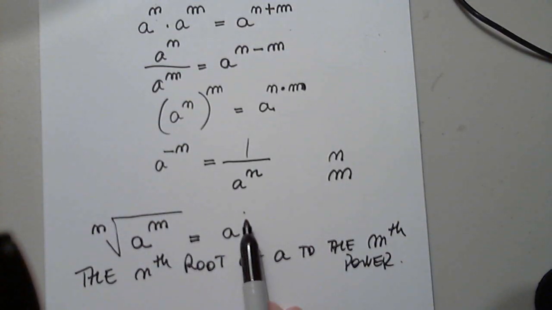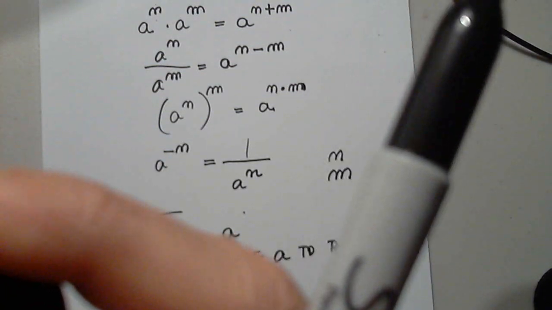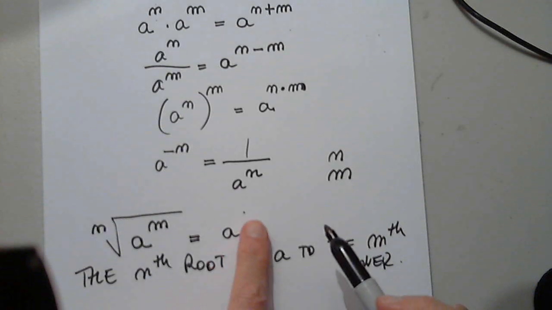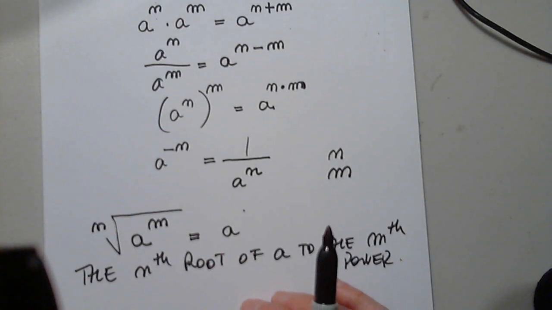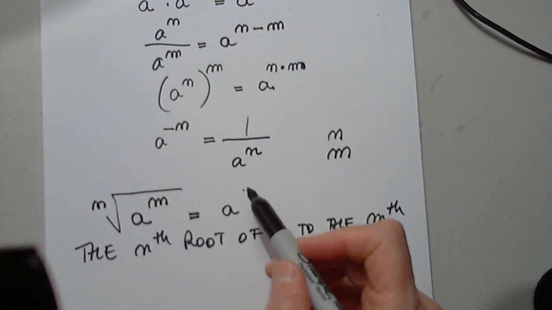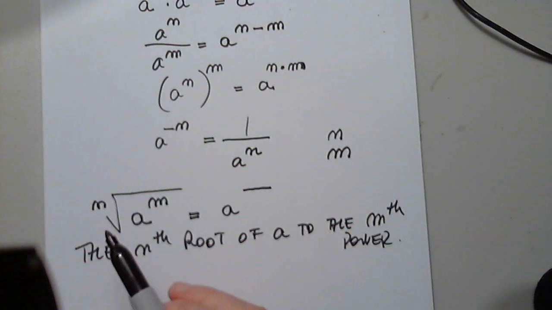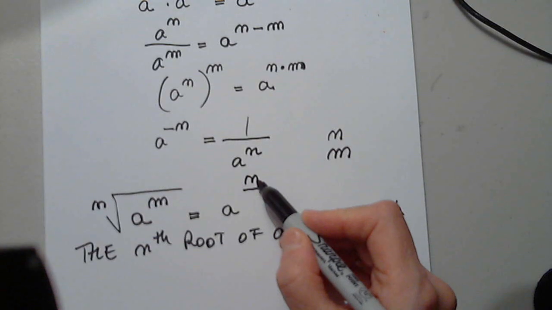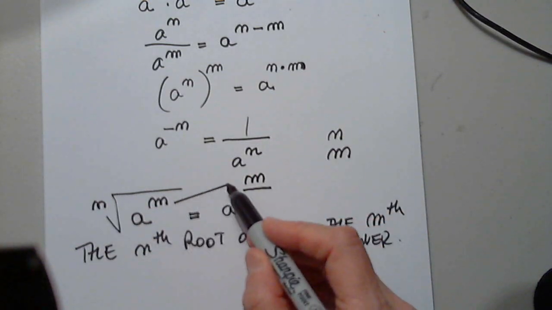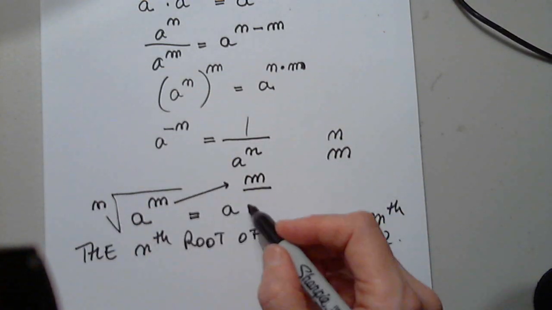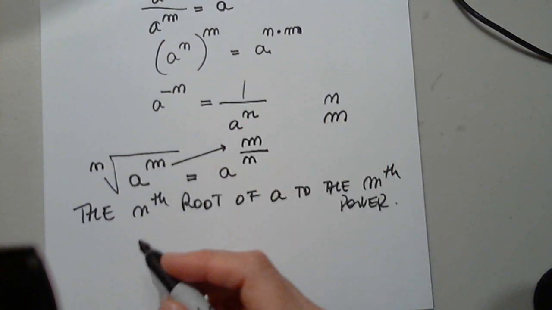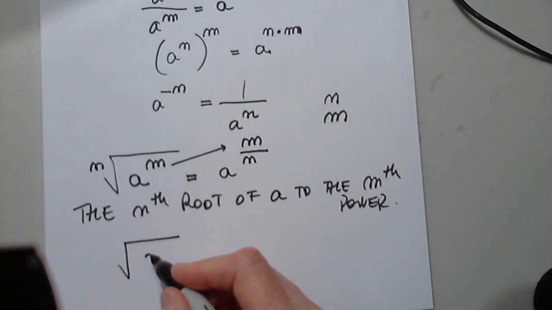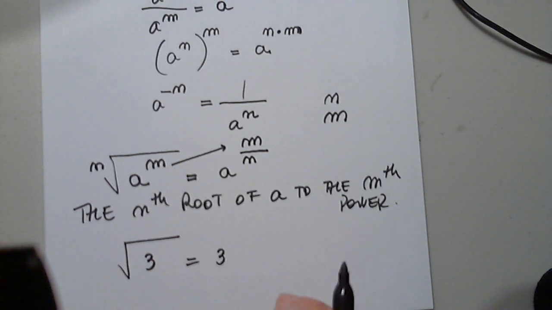So what is this? Anyone remembers this? It's a fraction. The power is always in the numerator, and the index is always in the denominator. So as an example, if I want the square root of 3, how would you write it? As 3 to which power?